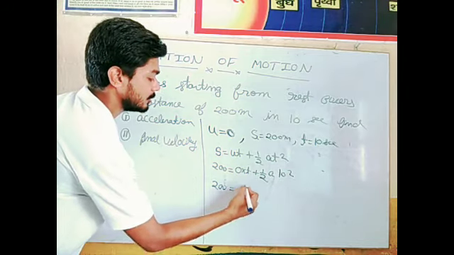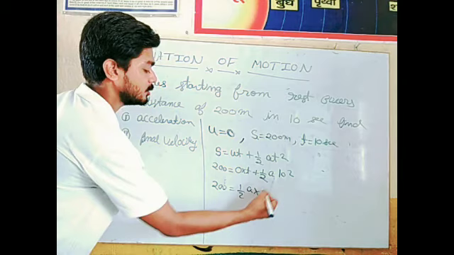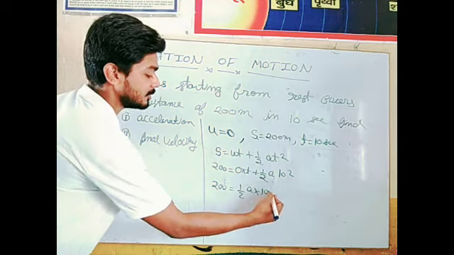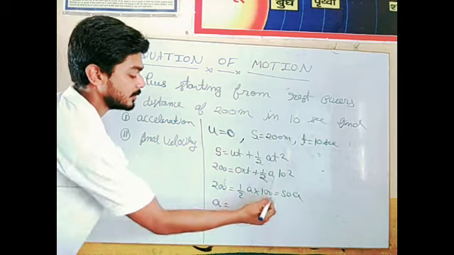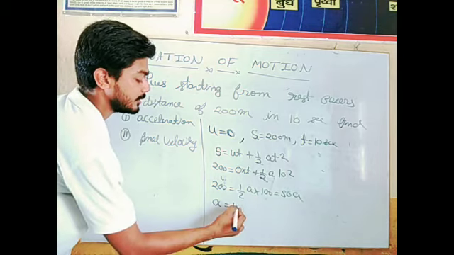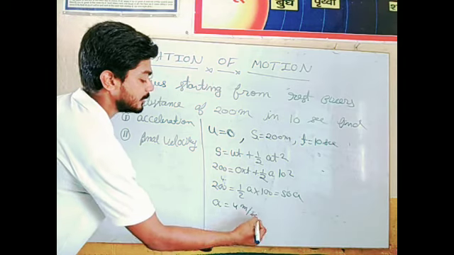So 200 is equal to half a times 100, which is 50a. Now we get the answer: a is equal to 200 divided by 50, which is 4 meters per second square.